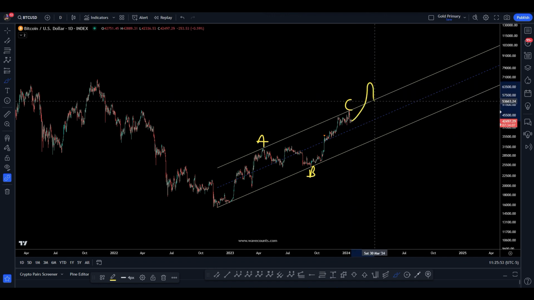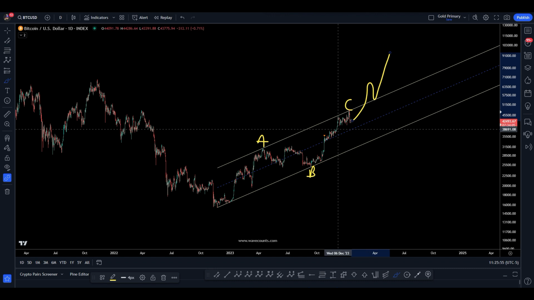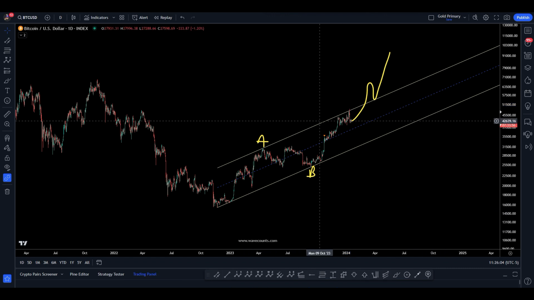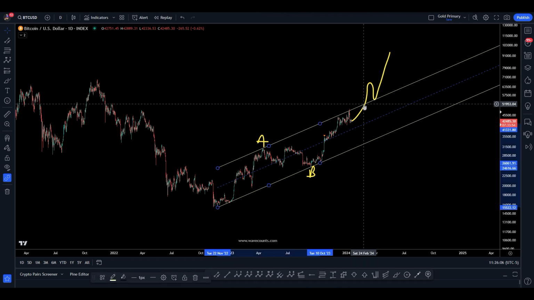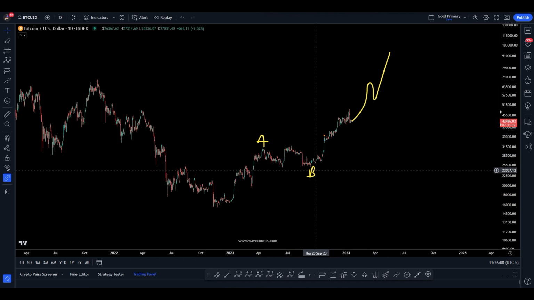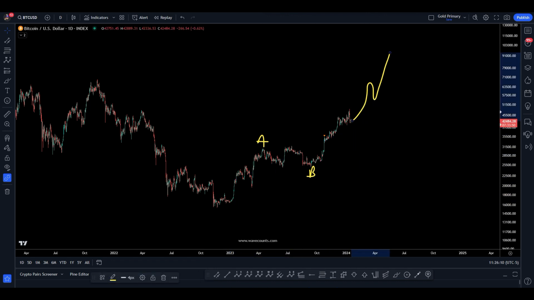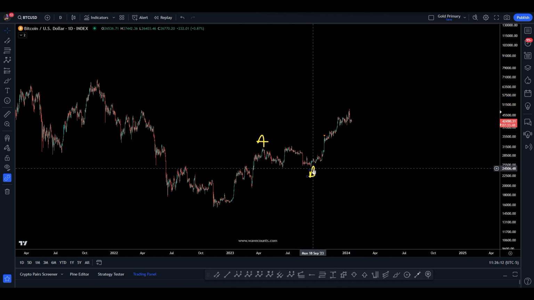It's not ABC. That's 1, 2, 3. Okay, that's what the channel tells you. But until then, it is fully contained by parallel lines. And pretty much kind of max that thing out.